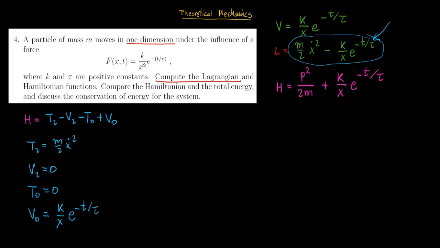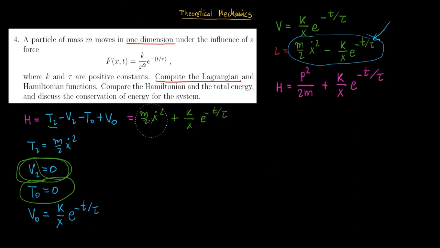Then the theorem says that the Hamiltonian has to be T2, m over 2 x dot squared, minus B2, 0, minus T0, 0 also, plus B0, plus k over x e to the minus t over tau. Well, this must be expressed with the p variable, p squared over 2m.